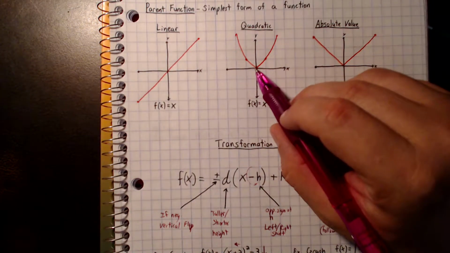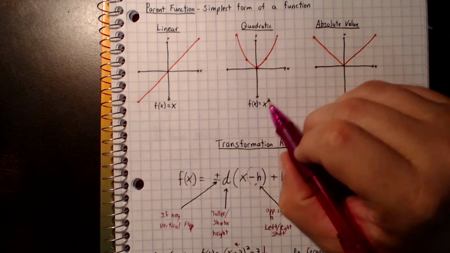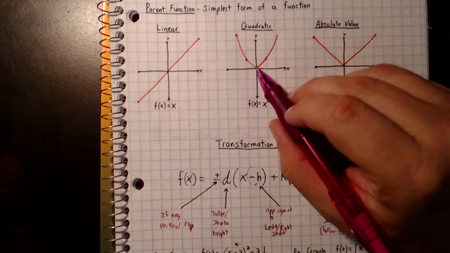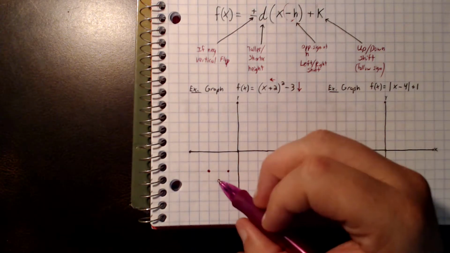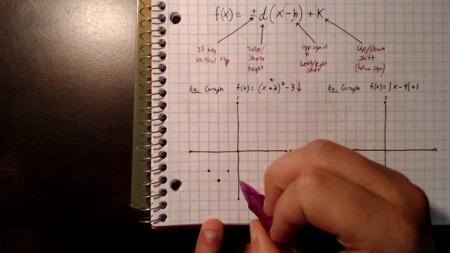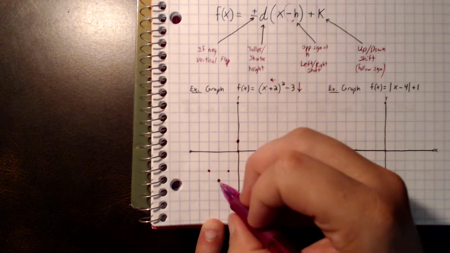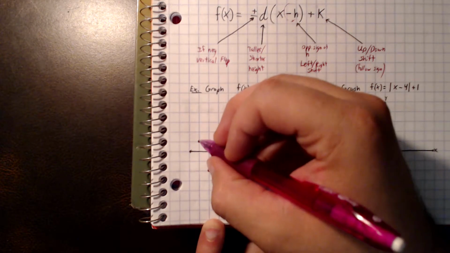From my vertex, if I went 2 over, well, 2 squared would give me 4 as a result. So from the vertex, I would go 2 over and 4 up. There's a point right there.